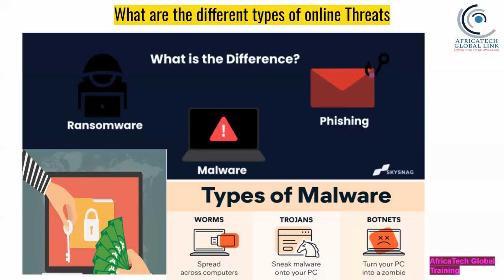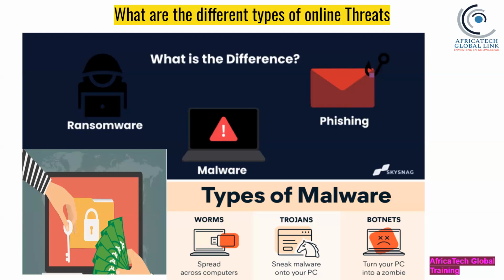Malware, what is malware? What is phishing? We just studied phishing. Phishing is mostly about emails and messages. When someone says they received a phishing email, you know that it's a bad email, not a good one.